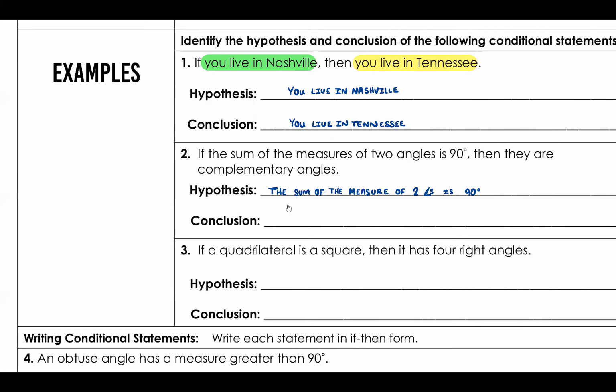Okay, again, we don't use the word if. So if that's our hypothesis, what is our conclusion? They are complementary angles.